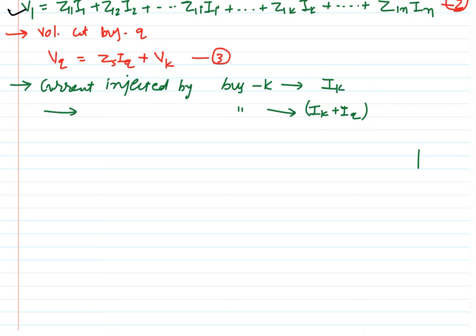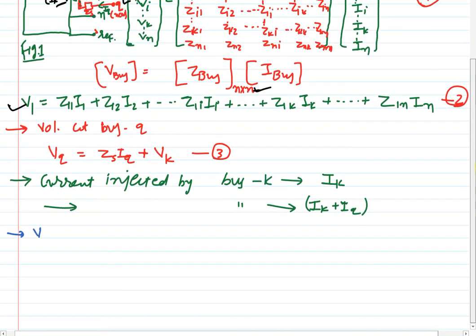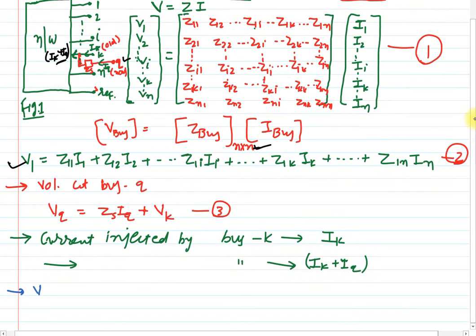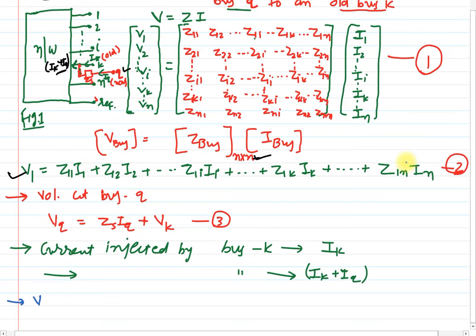So here let us write what will be the change. Yes, just simply understand what will be the change in equation number 2 or generalized equation of bus voltage at bus number 1.